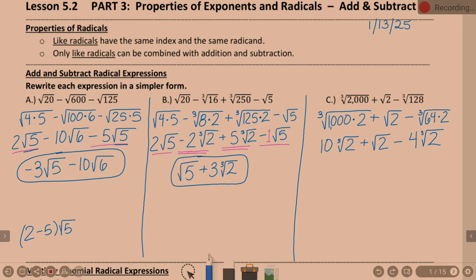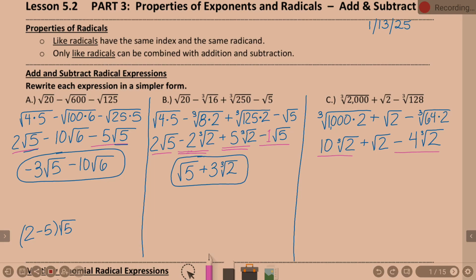Okay, guys. Can I do anything to finish this problem off? Yes. Cube root of 2 minus 4. We have two terms that both have cube roots of 2 with them, right? So 10 cube root of 2 minus 4 cube root of 2.